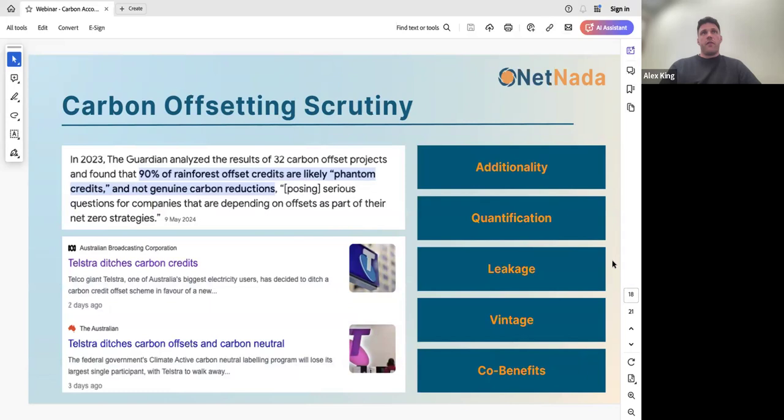Even the person who's just watched the news a couple of times understands that there is a lot of skepticism and concern around carbon offsetting. Aren't they all dodgy? A lot of that initial landmark case was about the REDDs, where someone came out and said 90% of carbon offsetting credits are generally phantom credits.